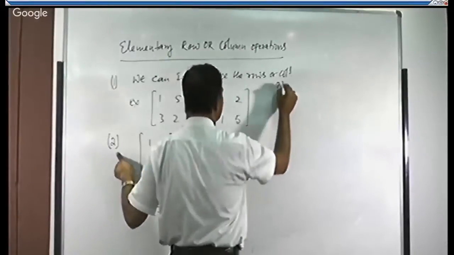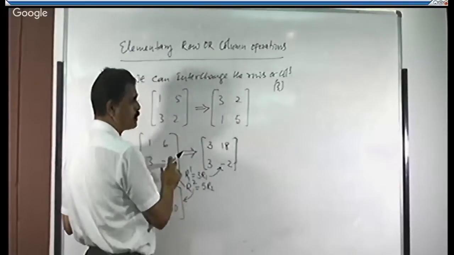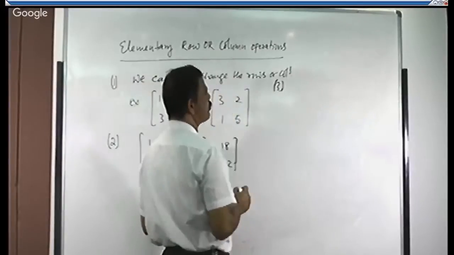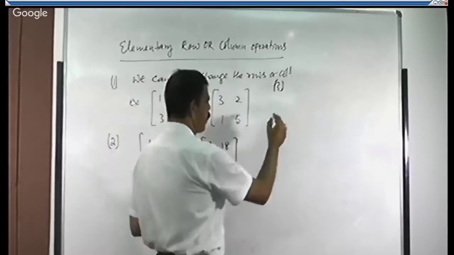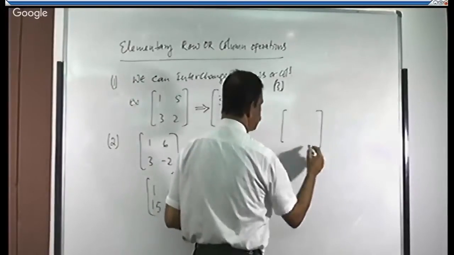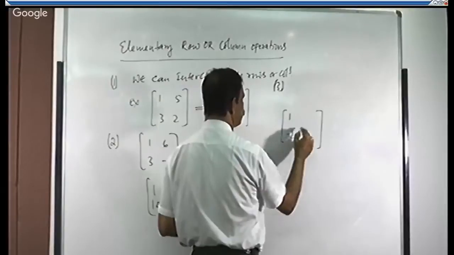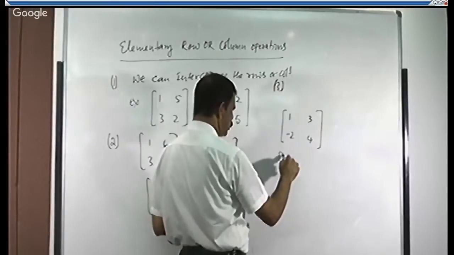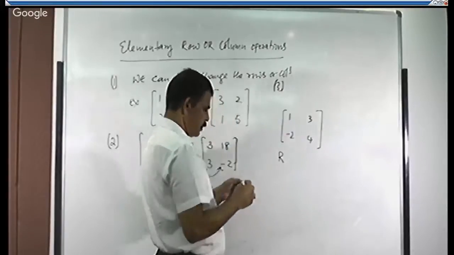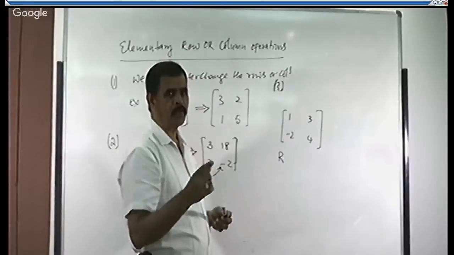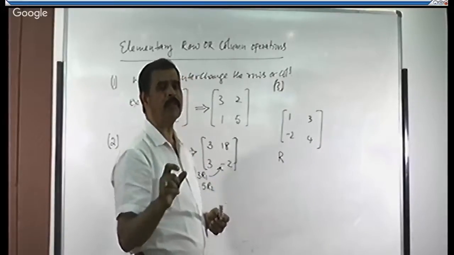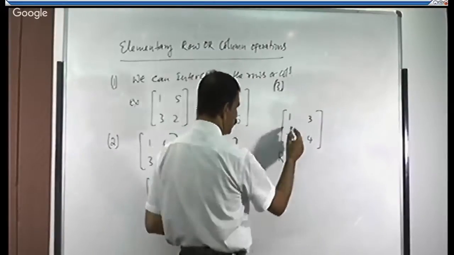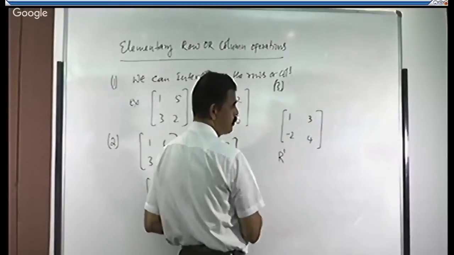Third one, it can also be extended for column wise also. The third operation, I explain it with example, [1 -2; 3 4]. I can add for all the elements of a row the constant multiples of corresponding elements of other row. Say this is R1, first row.